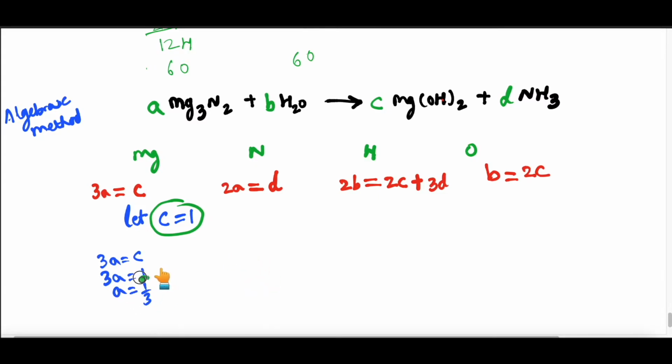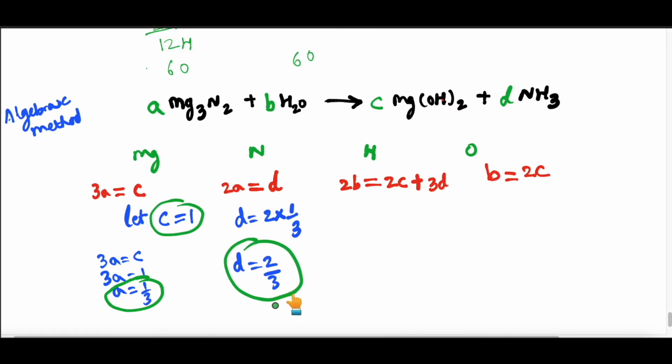Now we will find the value of D. D is equal to 2 times A, and we have found A to be 1 by 3. So 2 into 1 by 3, therefore D is equal to 2 by 3.